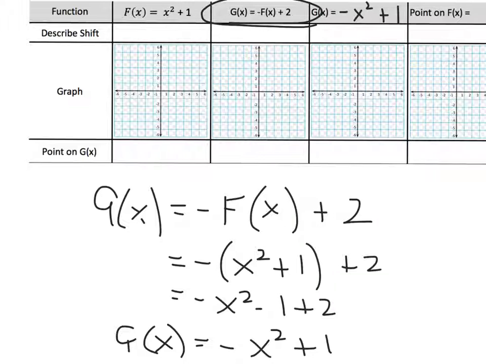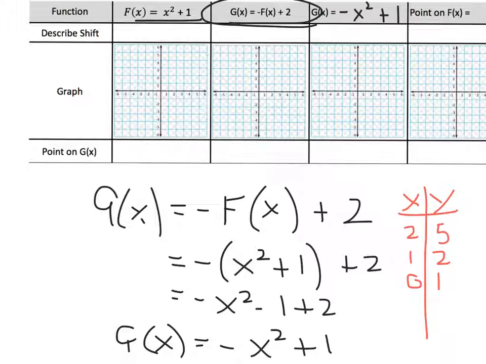But what we want to do is concentrate on this f of x. Well, we know it goes through certain points on the graph. Let's just have a look. So here, if x is 0, we know we get 1. If x is 1, we know we get 1 squared plus 1 is 2. And if x is 2, we get 5. So 2, 5. And of course the negatives go the other way. So if x is negative 1, we get 2.